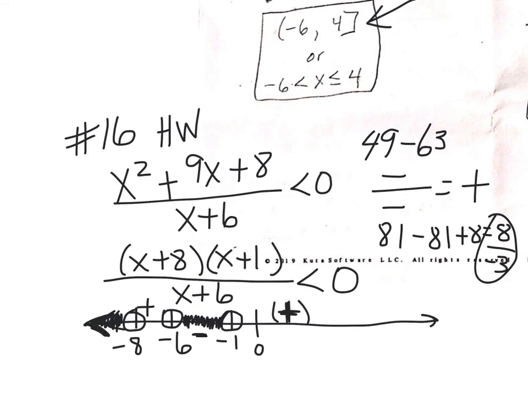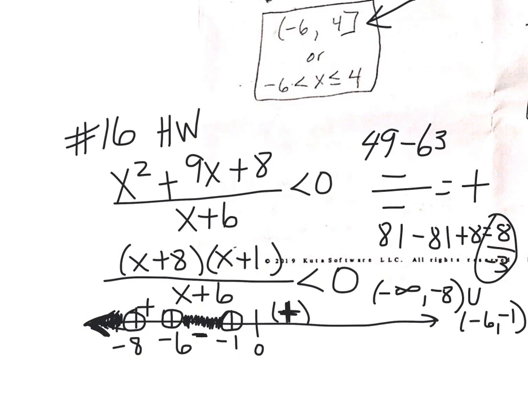So how do I write my solution? Well, I have 2 sections that are in the shaded area. So I have -infinity to -8, but not including -8 because it's open. And I also have an area, so I'm going to say union -6 to -1. And that's also going to be an open parenthesis because it's open circles.